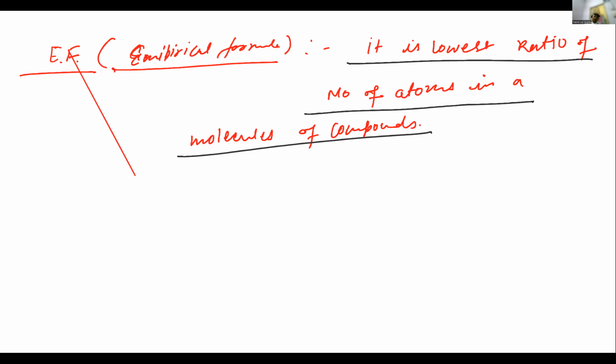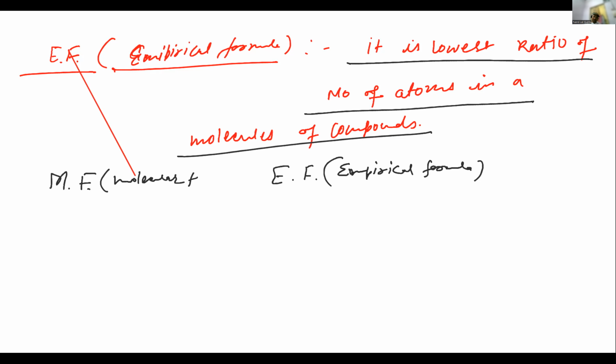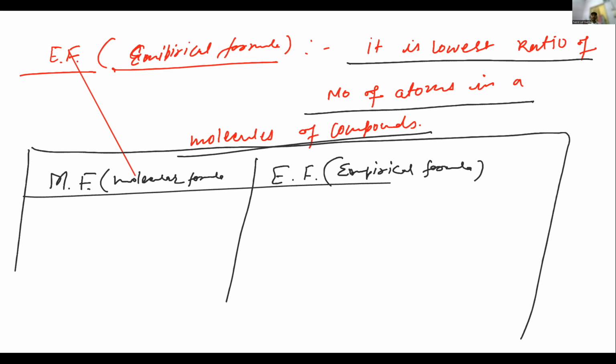On one side I am writing molecular formula, that is MF, and on the other side empirical formula, that is EF. The difference between empirical and molecular formula is the number of atoms only.